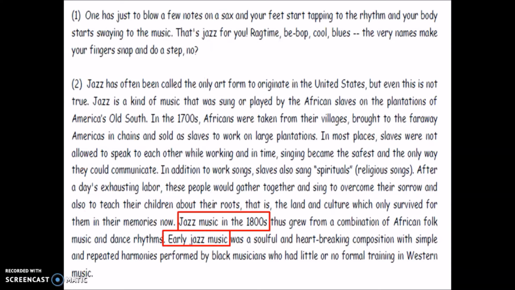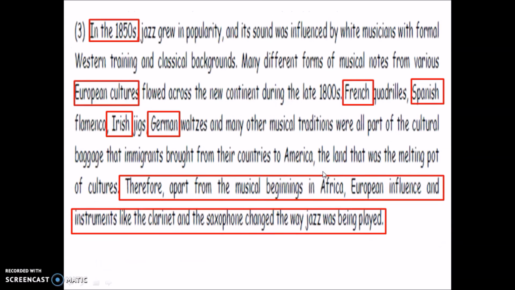Okay, as we saw in the text, we have the early jazz music in the 1800s. And in paragraph 3, you see that in 1850s, we see the European influence, some impact of European cultures, including the French, Spanish, Irish, and German musical traditions.